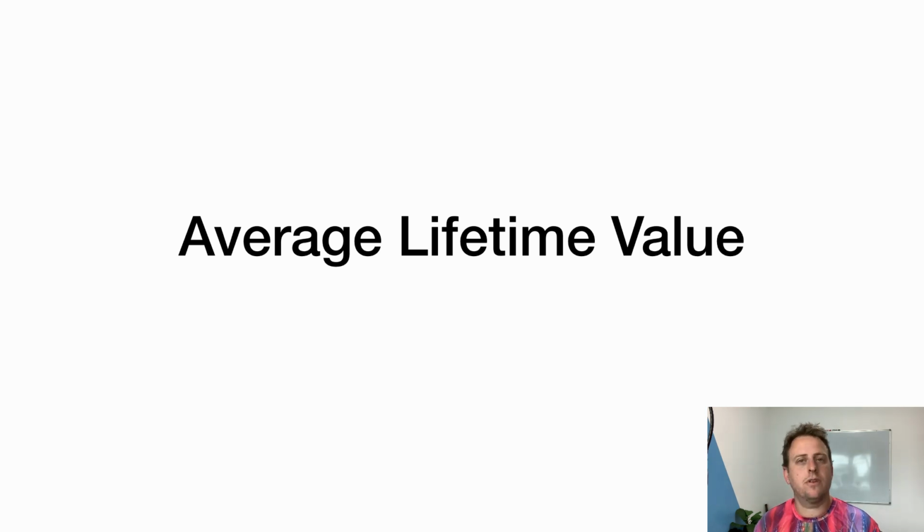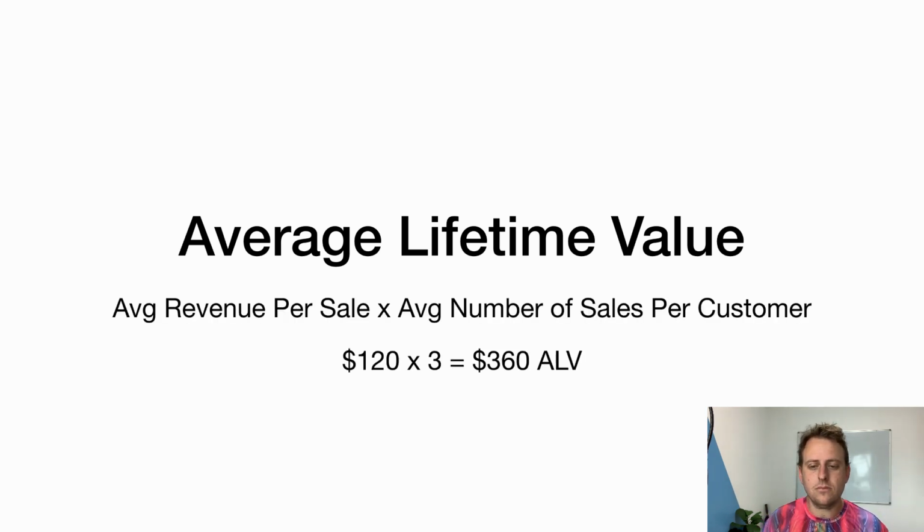To work out the average lifetime value of your customers, you're looking at the average revenue you make per sale, and you're multiplying that by the average number of sales you get per customer over time. So if your average revenue per sale was $120 and on average customers buy from you 3 times, and it doesn't matter what period of time that's over, it could be a year, it could be 2 years, your average lifetime value per customer is $360.